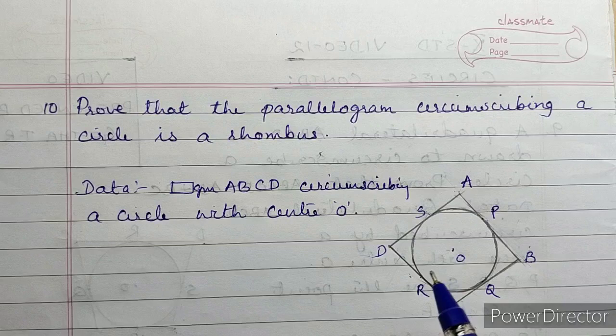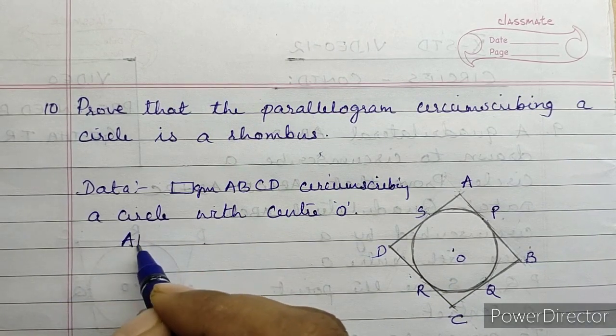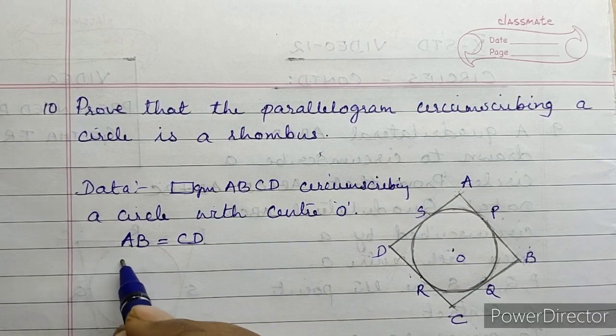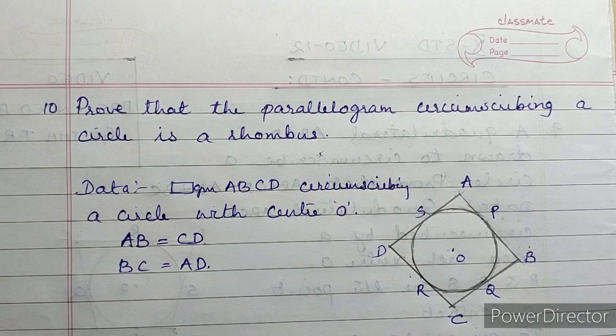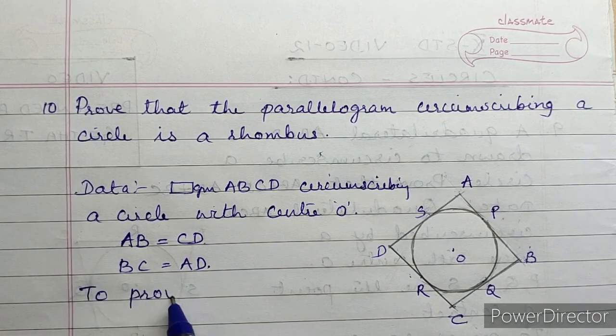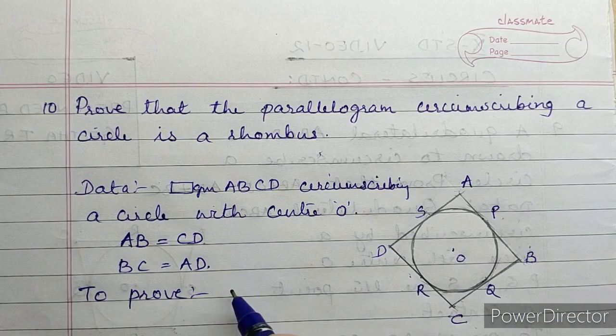Now whatever you know about a parallelogram you can write there. That means opposite sides are equal: AB is equal to CD and BC is equal to AD, because opposite sides are equal in a parallelogram. So this is also given in the data. Since it is given it is a parallelogram, you can write this. Now the to-prove part. What is to prove? You have to prove that ABCD is a rhombus.